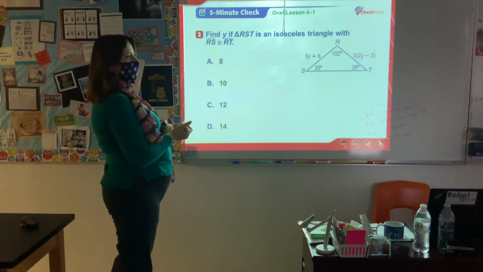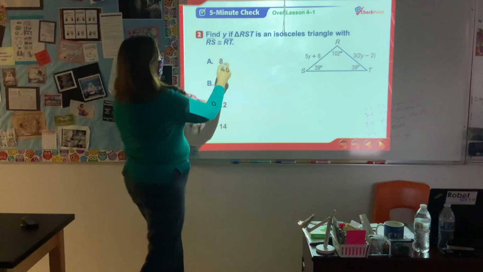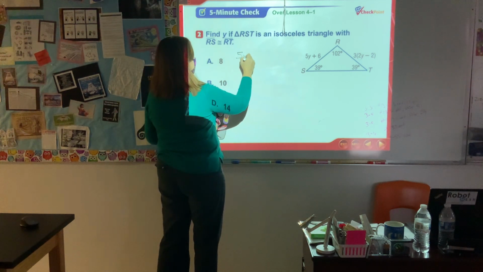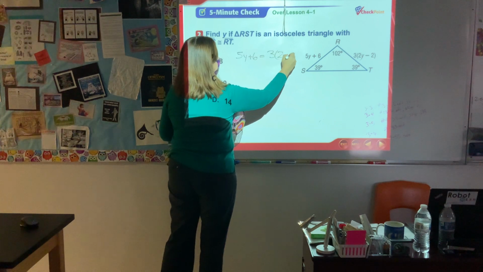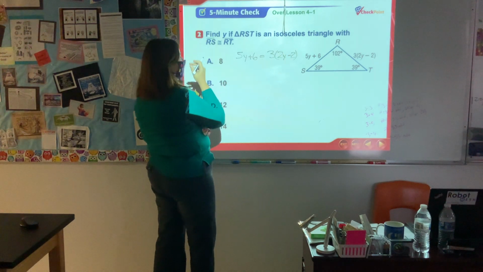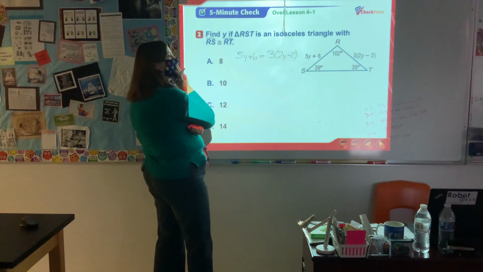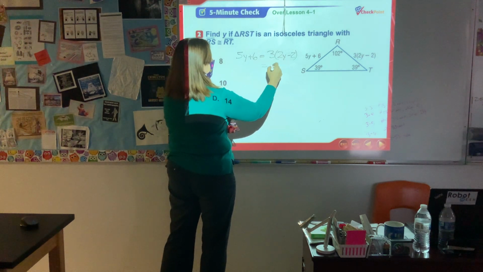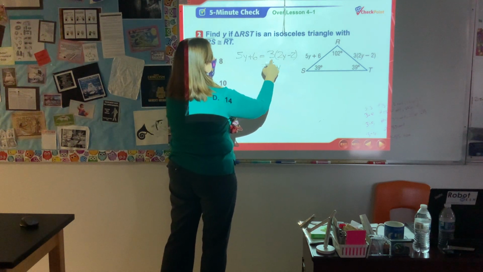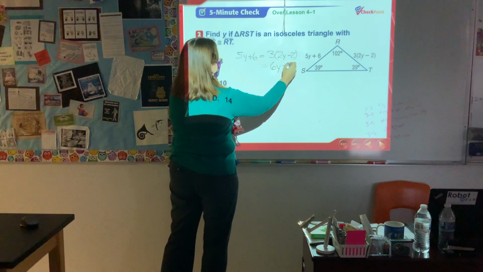So what is my equation going to be? 5y plus 6 equals 3 times (2y minus 2). Okay. What would I do next? We would distribute. 3 times 2y. 3 times negative 2.